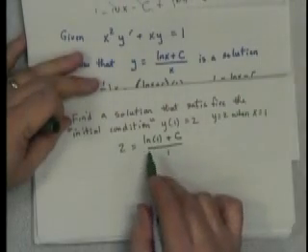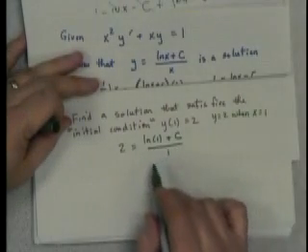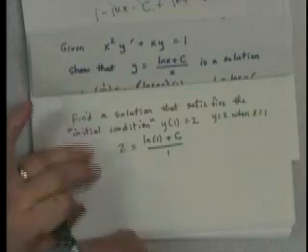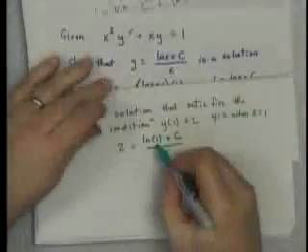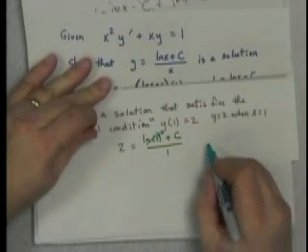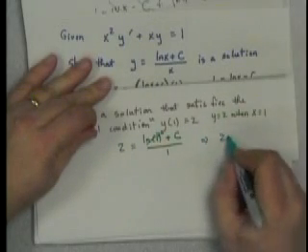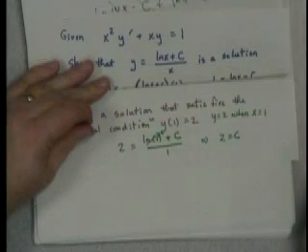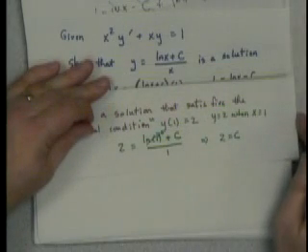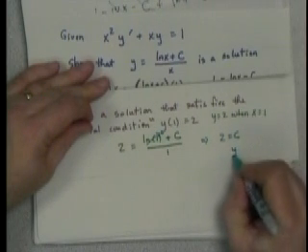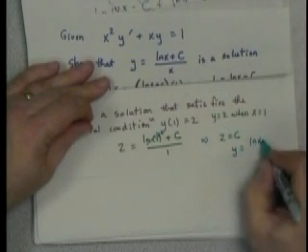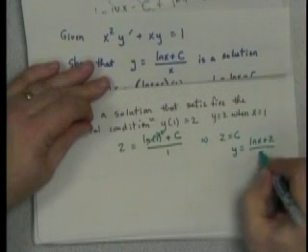So 2 equals the natural log of 1 plus c, all over 1. But the natural log of 1 is 0. So c equals 2. And my equation becomes y equals the natural log of x plus 2, all over x.